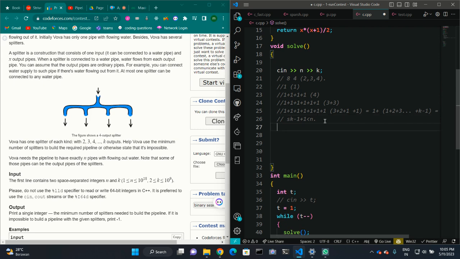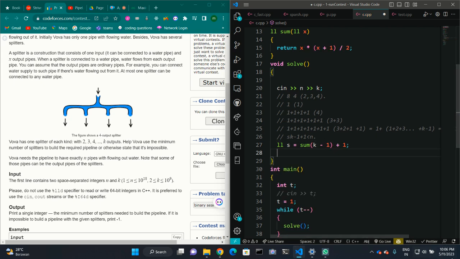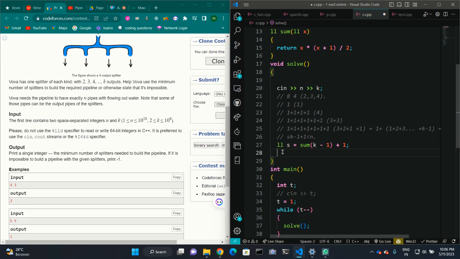Now our S will be the sum of first k minus 1 plus 1. If S is less than the number of required outputs, then yes, k minus 1.